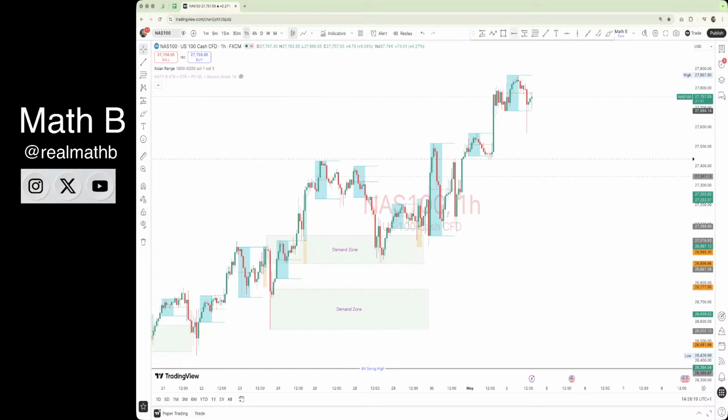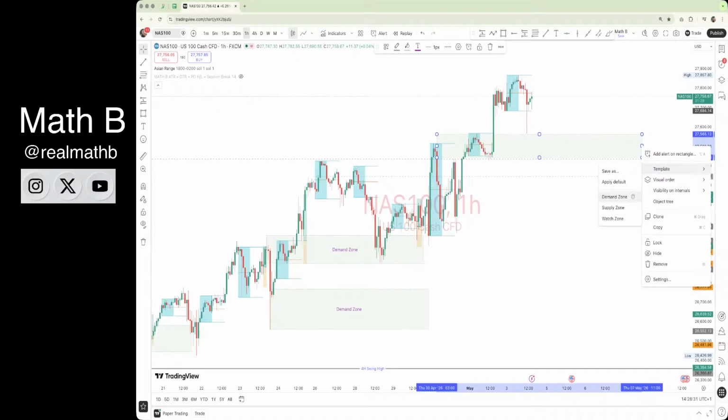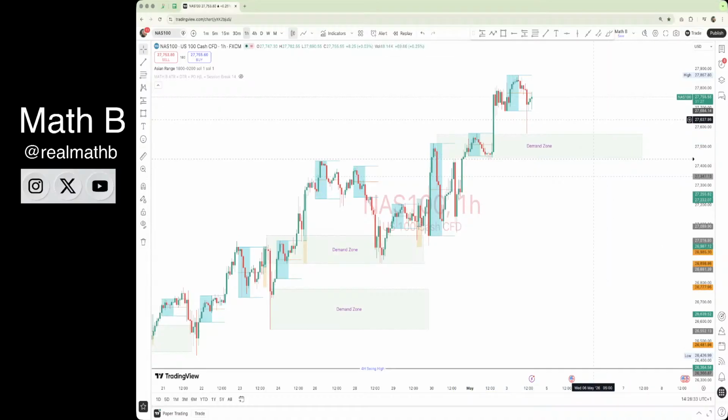The pullback reached into what we can call a demand level, right? There is a demand right here and price already got into that level. So there's a chance that during the opening in the next 2 minutes, NASDAQ might potentially come back inside of the opening range, inside of that demand range, and then continue to go to the upside.